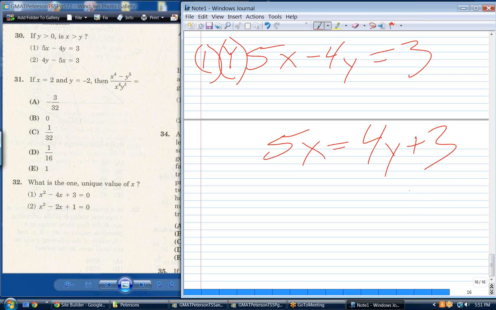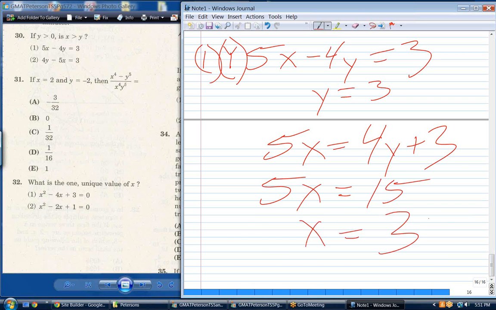Let's see, as long as y is positive, if y was 2, x would be 2, this would be 11. I mean, if y was 2, x would still be bigger. If y was 3, I didn't try enough numbers. If y is 3, x is equal to y. Isn't it? Let's see. If y is 3, then we have 5x equals 15, x equals 3.